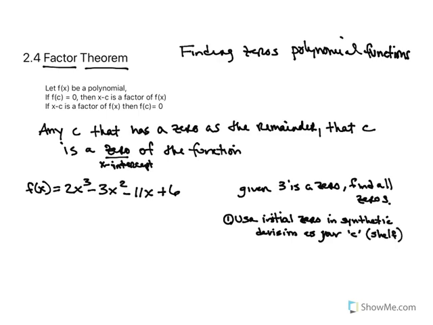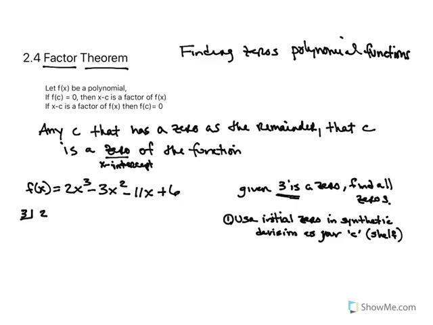So they're giving us an initial 0. So we make 3 our shelf, and we're going to do synthetic division.